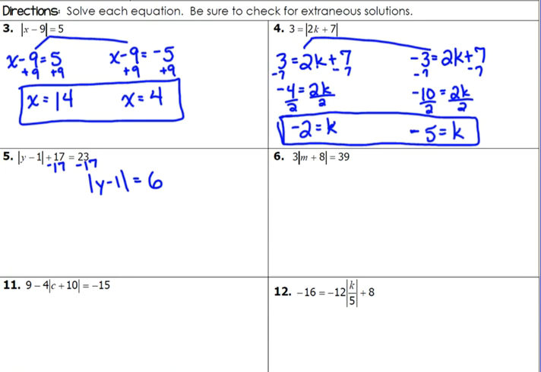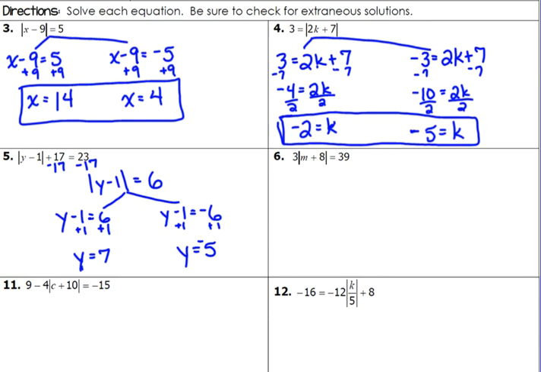All right, absolute values by itself now. 2 cases, y minus 1 is equal to 6, y minus 1 is equal to -6. Add the 1, so we get 7. Add the 1, so we get -5. Check our solutions. 7 minus 1 is 6.